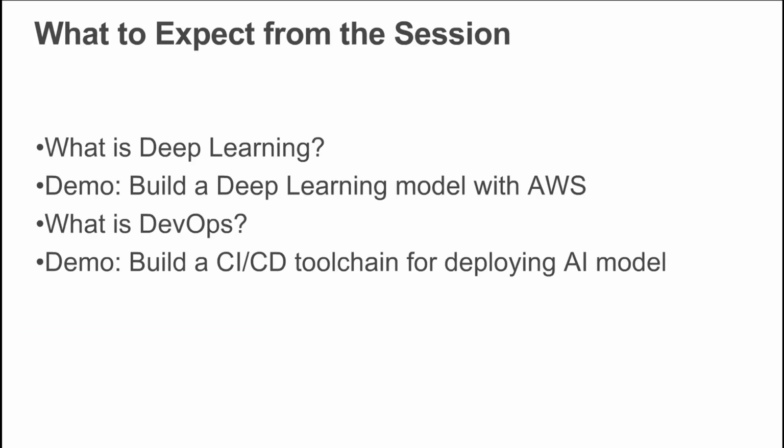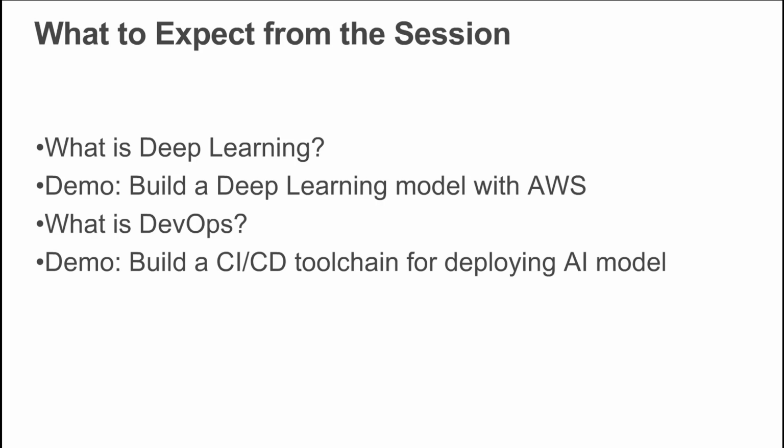What do we expect from this session? We'll briefly touch upon what is deep learning, why it is so relevant today for us, and where we see it. We'll do a quick demo of how to build a deep learning model on a Jupyter notebook using Amazon AMI, which has deep learning modules in it. We'll further deep dive into the DevOps part of this.